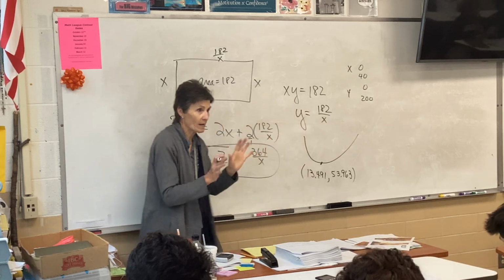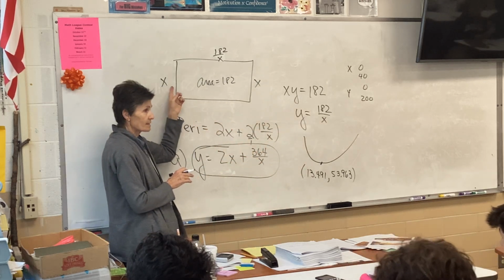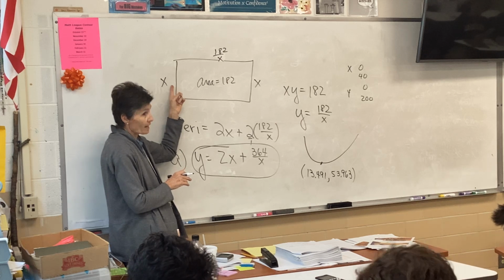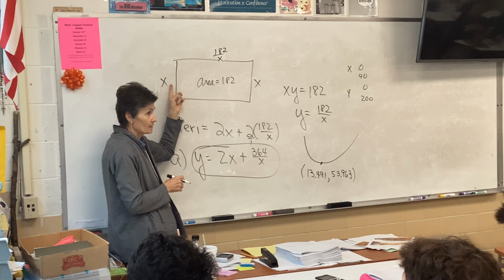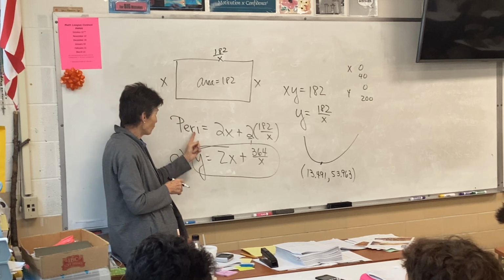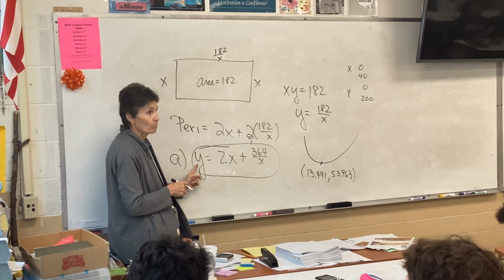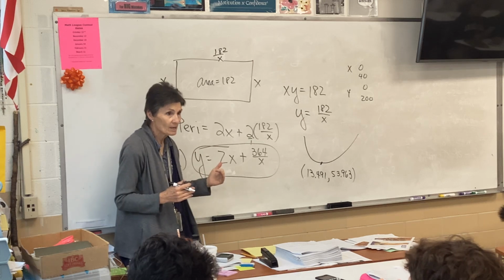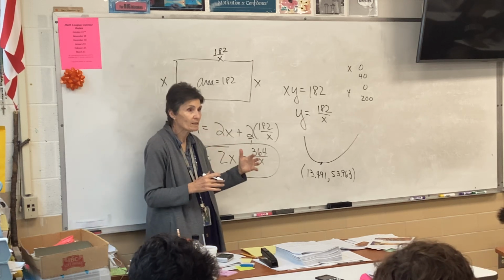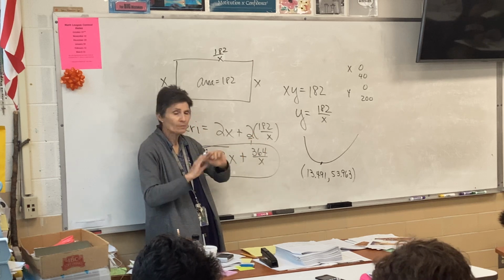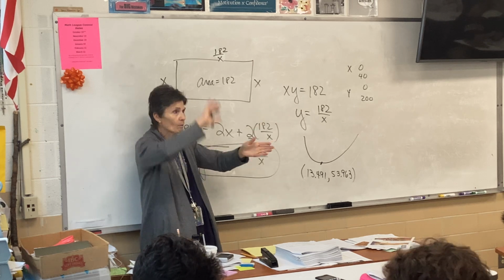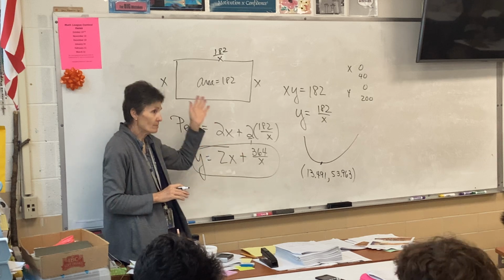How come? X stands for a side of the rectangle. It can't be negative. What does Y stand for? Y stands for perimeter. It can't be negative. So if you are messing with your window and you're doing negative 200, no. Gotta be 0 or bigger in this problem.